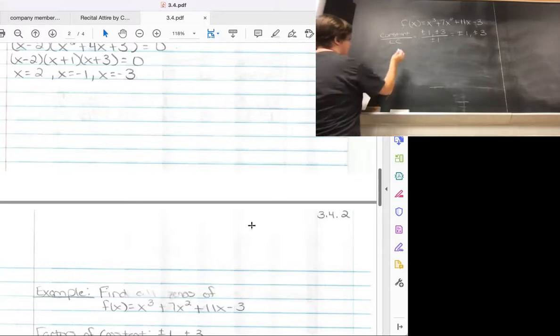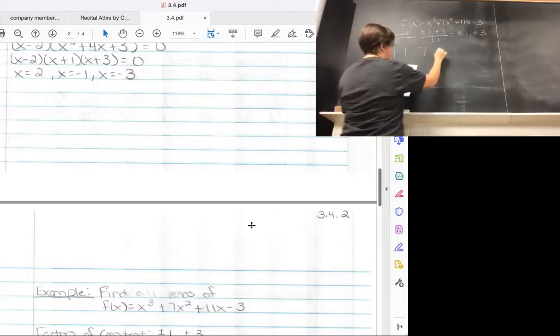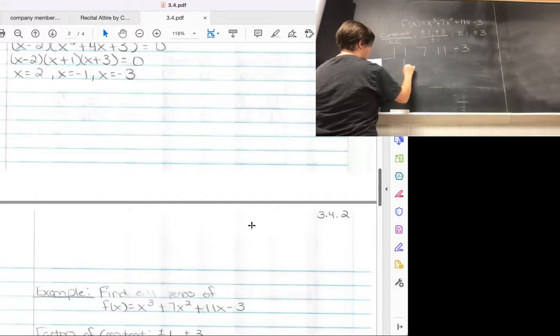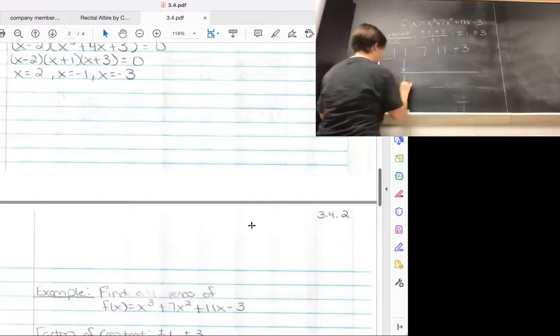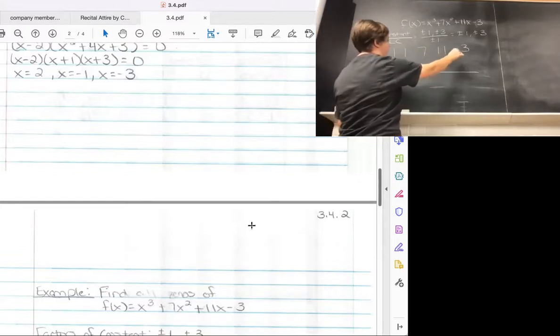So let's set up our synthetic division. And I'm going to do it just like I did last time, where if we get one that doesn't work, I'm just going to erase it. You can do that, or not, it's up to you. All right, so there's our synthetic division with coefficients 1, 7, 11, and negative 3.